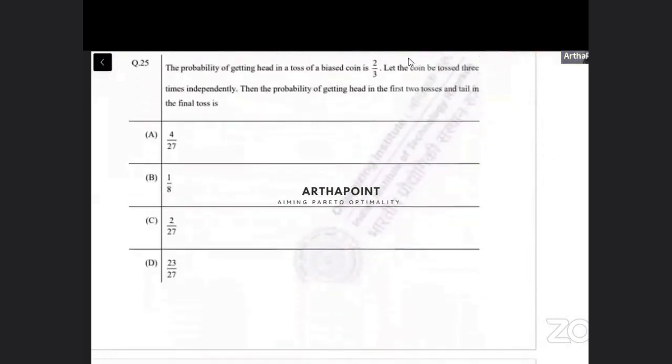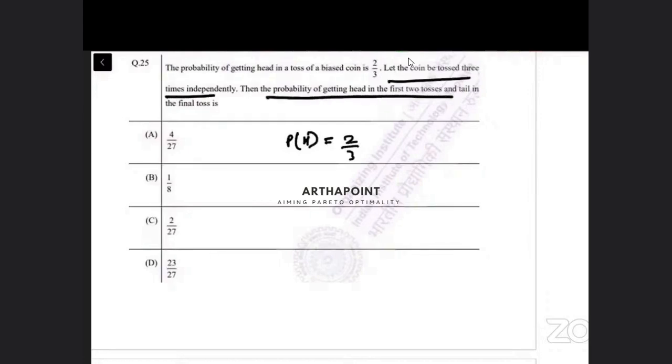See how easy questions have been asked in case of probability. Very, very simple questions have been asked. The probability of getting head in a toss is 2 by 3. Let the coin be tossed 3 times independently. Then the probability of getting head in first 2 tosses and tail in the final toss is... So it is asking for head, head, tail, and these are independent.